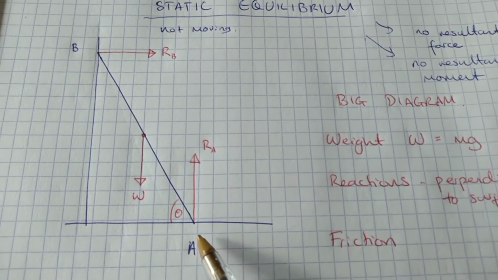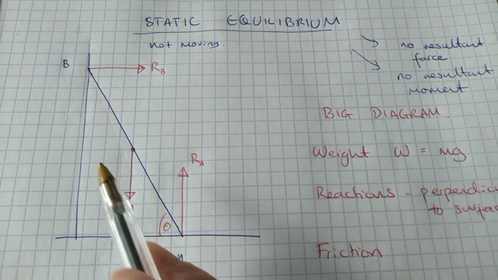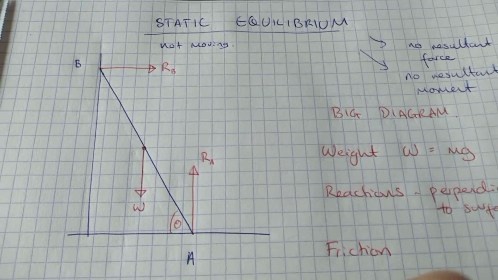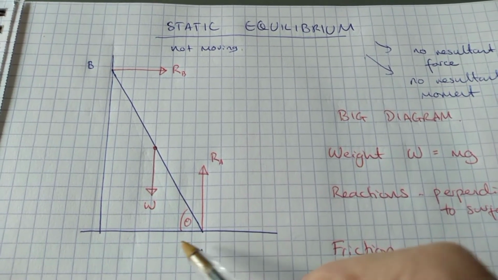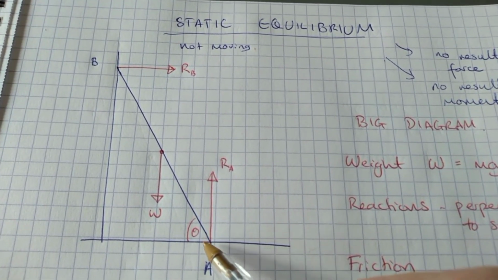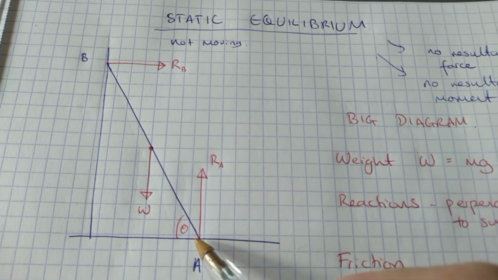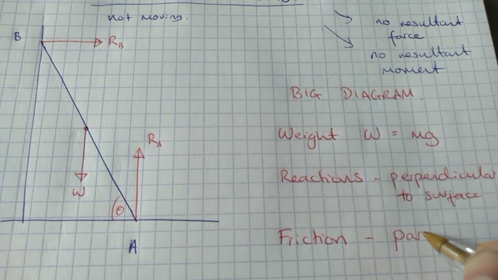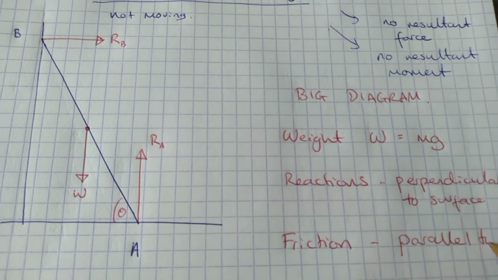But what that does is give us a frictional force, and they always operate parallel to the surface because you're stopping the object being dragged along it. So we do need to think about the real world behaviour of this, to work out which direction it's going to work in.